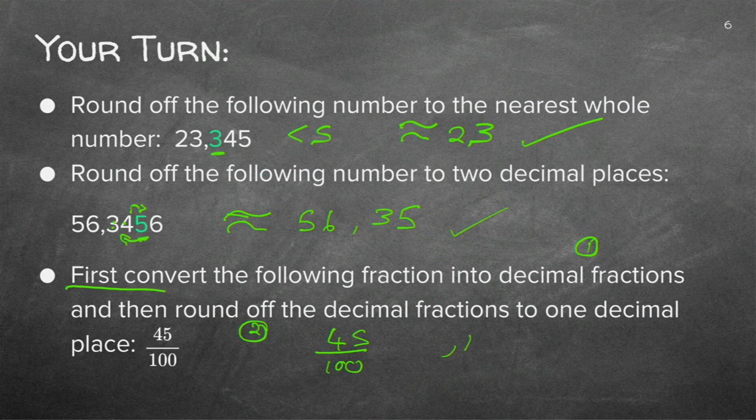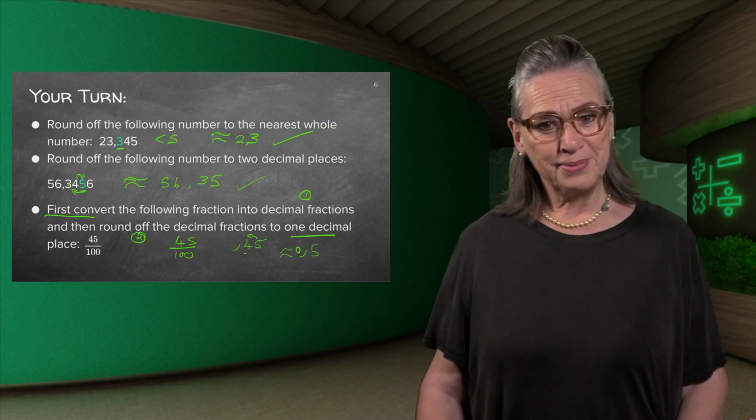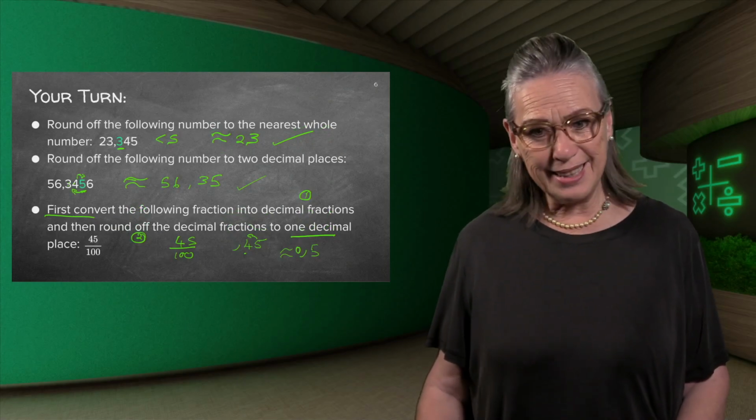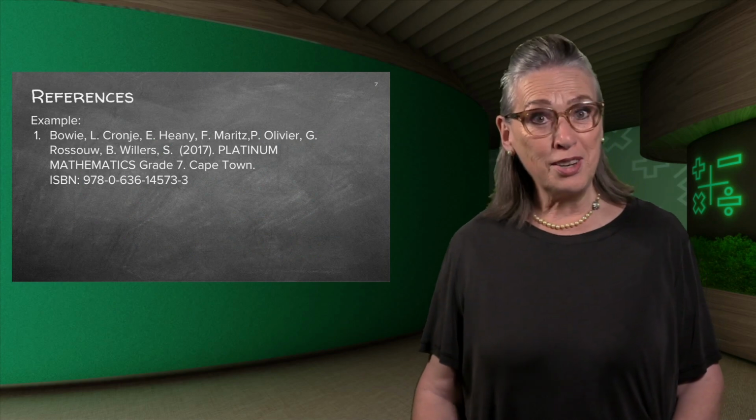So it's going to be 0,45 for the first question. And then they ask us to round it off to 1 decimal place. So again, that is 1 decimal. 5 is 5 and over, so we're going to increase this number by 1. So if we round it off, it's going to be 0,5.